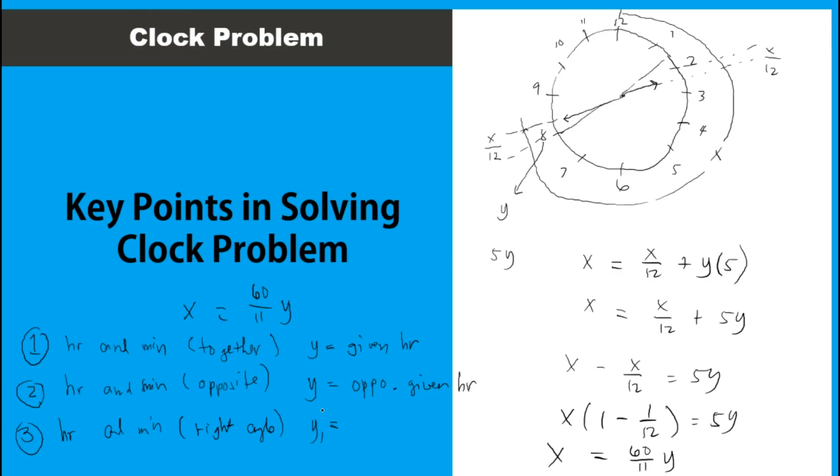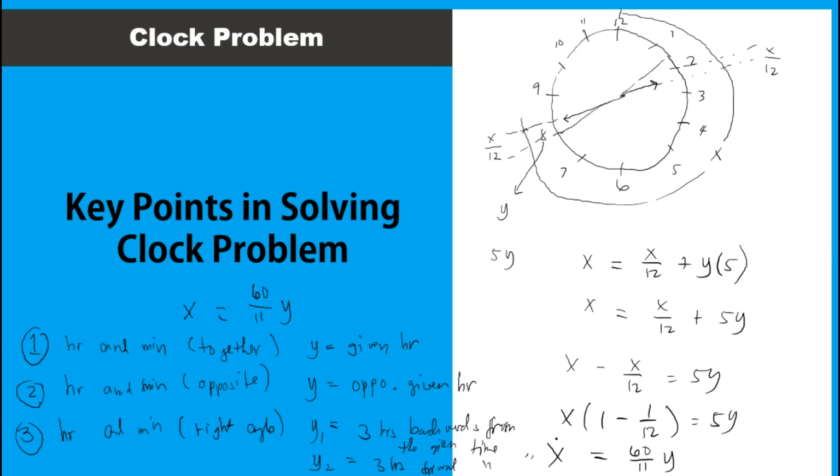So we have to count 3 hours backwards from the given time. For the second time, we need to count 3 hours forward from the given time.